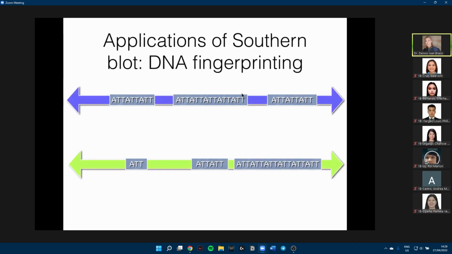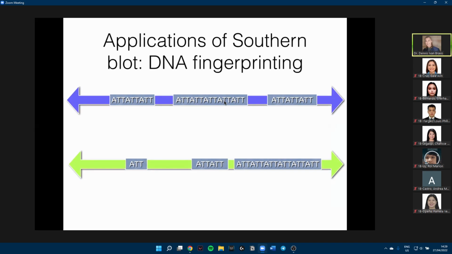So to illustrate, the part of DNA that is analyzed is called the VNTR. Well, obviously, because the sequences are in tandem, repeated several times, some are long, some are short, kaya variable number. A copy comes from your father and the other copy comes from your mother. So our probe should bind to the VNTRs.